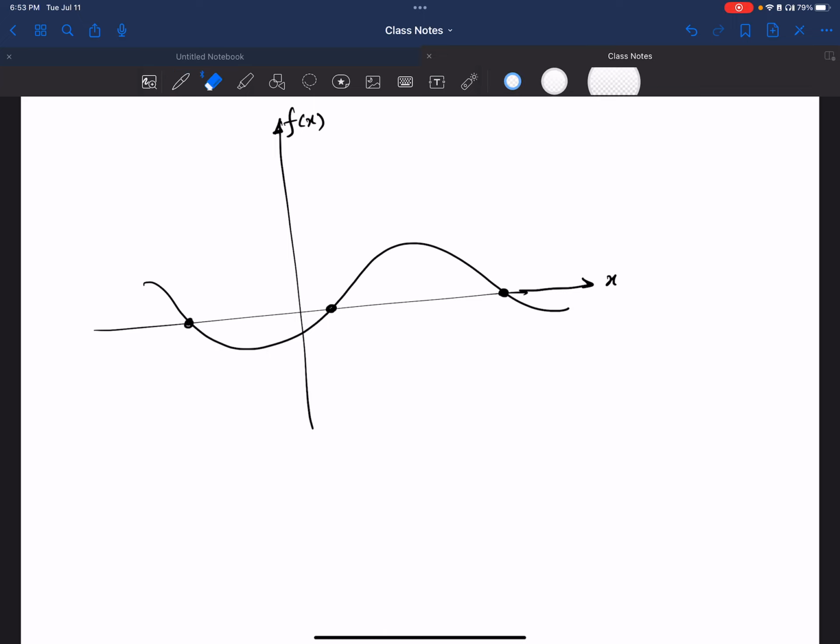These are called zeros. How can we use the continuity of f of x and the intermediate value theorem to find zeros? We can find zeros by using that.